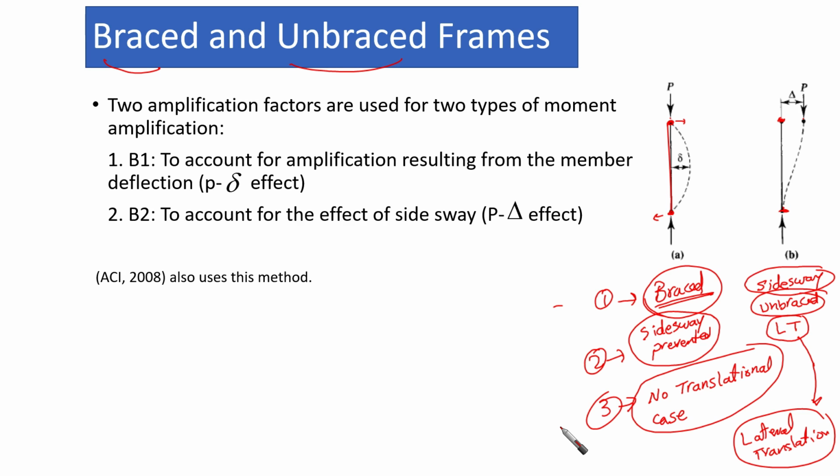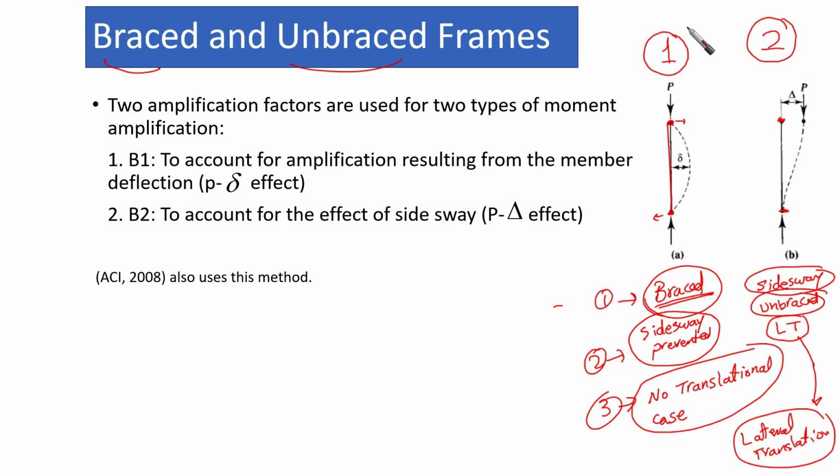Sometimes the designation of this in the code or specification is different even than this. For anything that is braced, for example, they give it the designation of 1 as subscript, and for anything that is lateral translational or side sway permitted or unbraced case, they give it the subscript 2 or the designation of 2 and whatever.